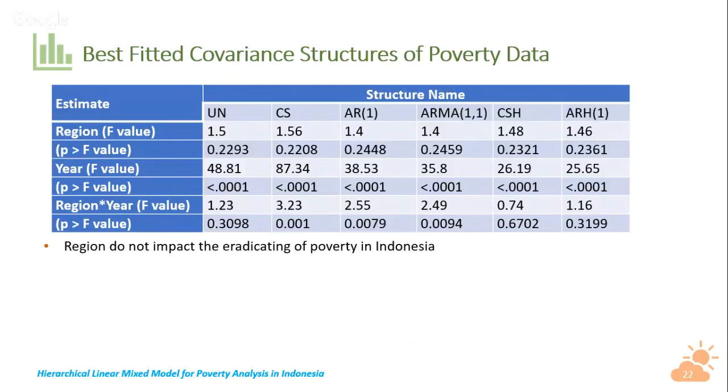Mbak Novi, talk about rank, apa sih tadi rank, how we rank the best structure. Thank you for the question. We rank the best variant covariant structure that is suitable from the fit indices.